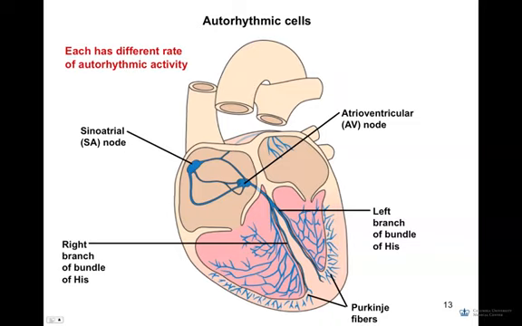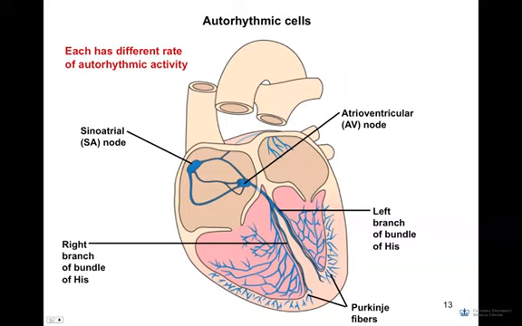There's also another collection of autorhythmic cells that are found in a space in the heart called the intraventricular septum. It's this muscle that is sitting in between the ventricles. And we have two branches of collections of autorhythmic cells called the left and right branches of the bundles of His.